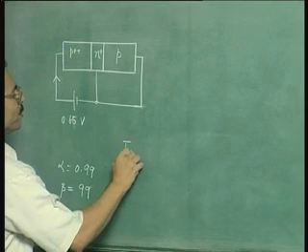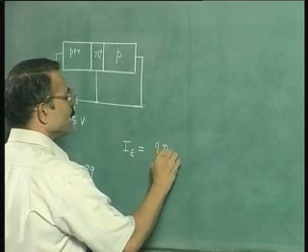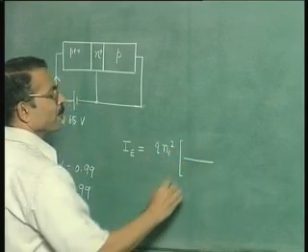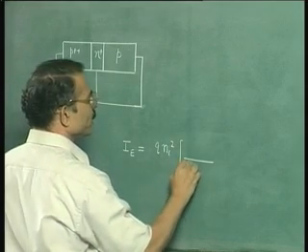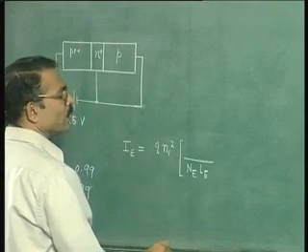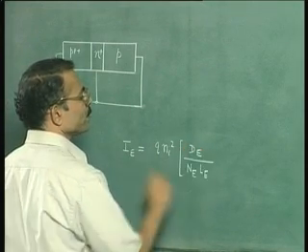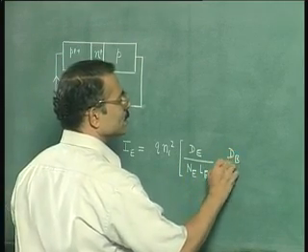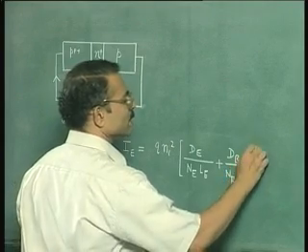IE is given by Q into Ni square into, here first we will have the terms for the emitter, that would mean emitter doping and emitter diffusion length of minority carriers, and in the numerator you will have the diffusion coefficient. Similarly, doing the same thing for the base, you will have these terms.